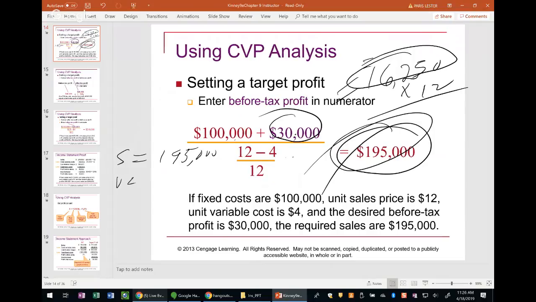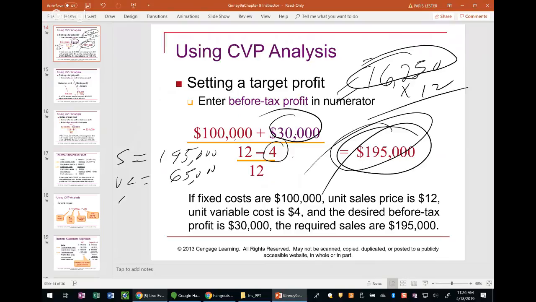Now, variable cost, Monique, I need you to multiply 16,250 times, is it $4? Is that the variable cost? It is. Multiply 16,250 times $4. How much? 65,000.